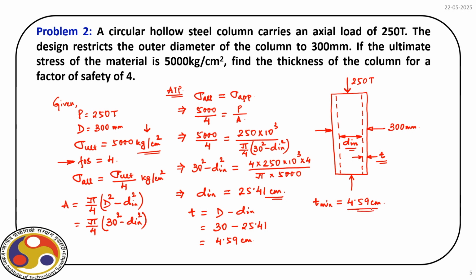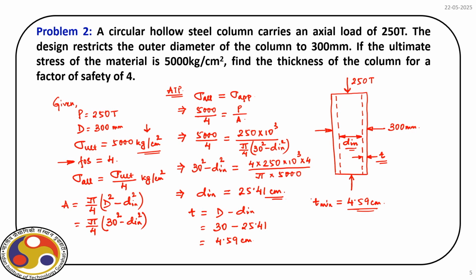We will stop here in this course, but as you progress in design, you will see when you estimate this minimum thickness, anything more than that you can provide, because if the design requirement is say 4.59, obviously if I provide more, the structure will be safe. In design you will discuss other factors, because if you as a designer propose 4.59 centimeter, it is very difficult to construct at site.